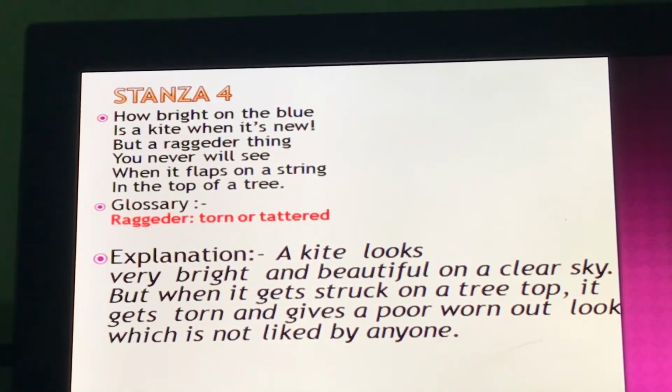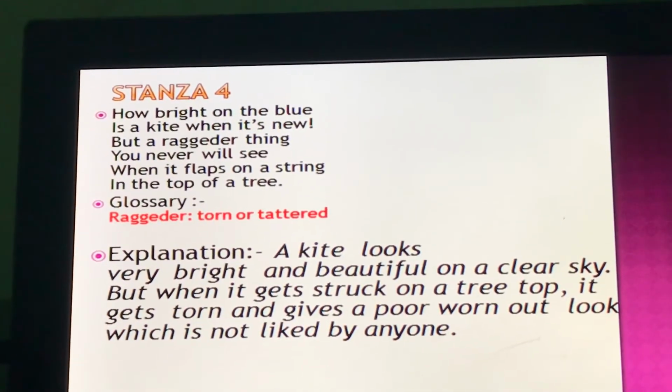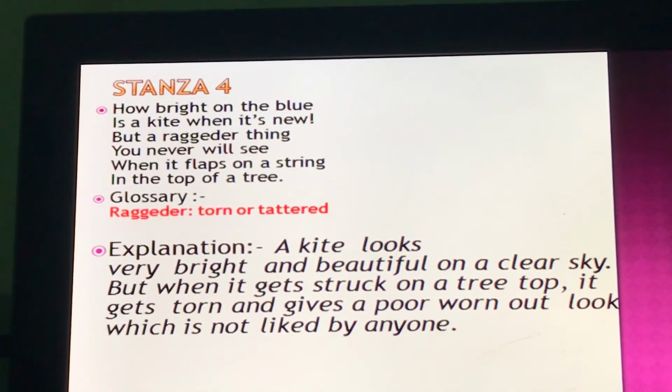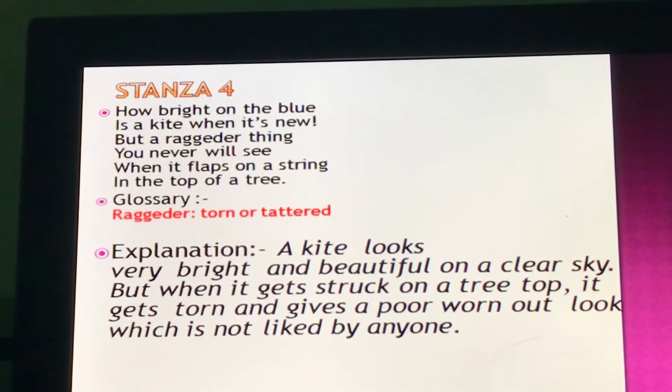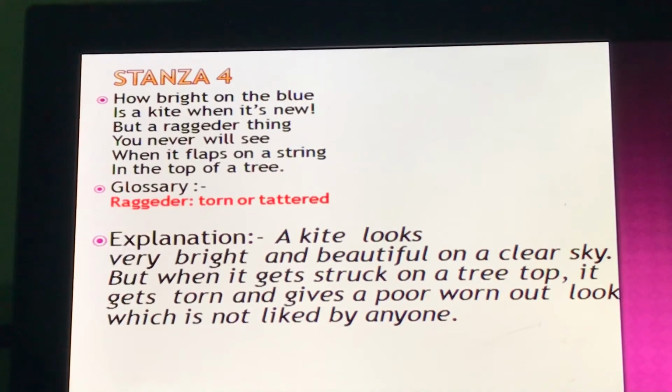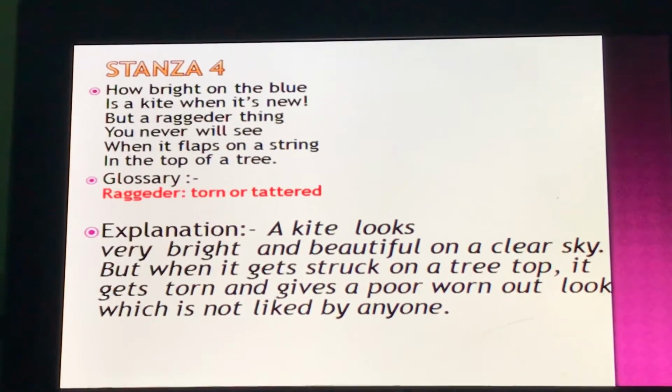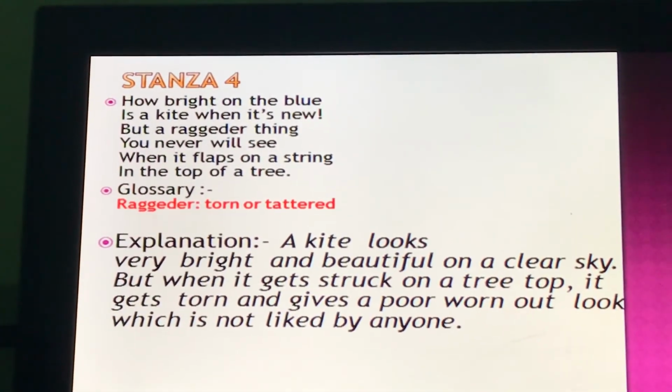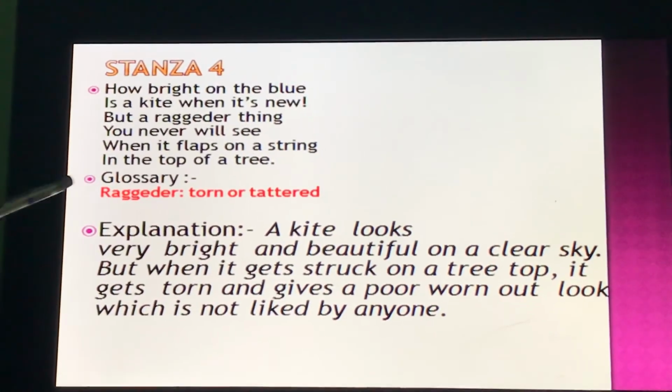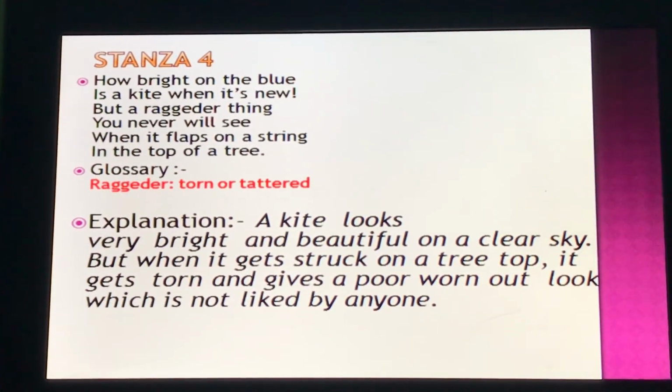How bright on the blue is a kite when it's new, but a grander thing you never will see when it flaps on a string in the top of a tree. Tattered means torn.